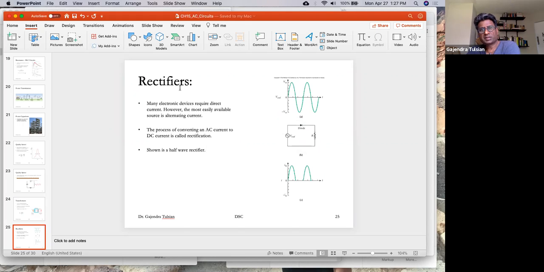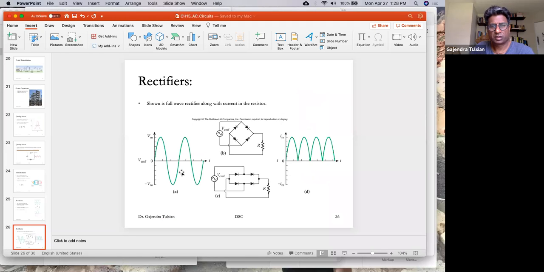Rectifiers are devices that convert an AC signal to a DC signal. Here's the simplest rectifier, a diode. A diode has the property that it lets current through only when this end is positive. So for this cycle, the current goes through, and you get a voltage across only for those cycles; for the other cycles, the power is wasted. Here is a way to not waste those cycles.